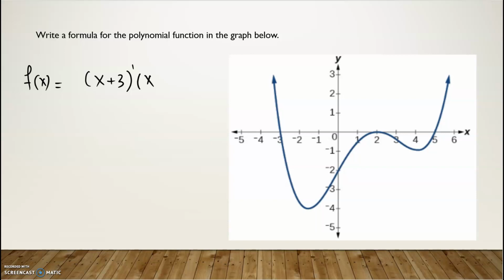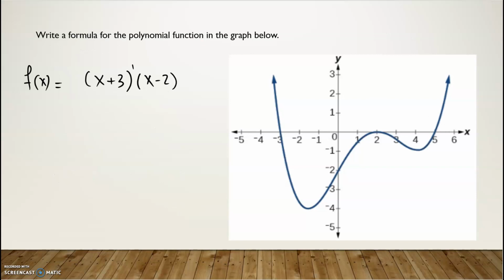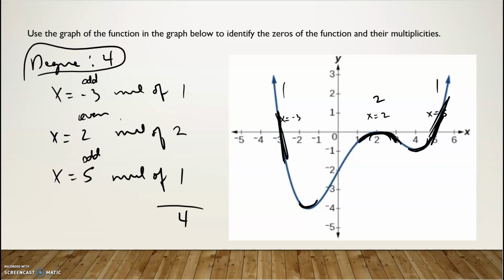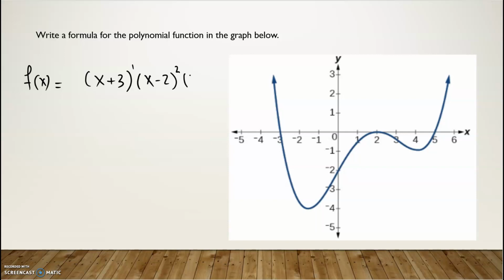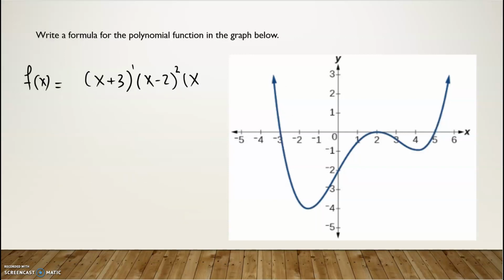X, we had a 2, so I'm going to change that to a -2. Multiplicity of 2, raise that to 2. And then x, 5, so I'm going to change that to -5. Multiplicity of 1. So really we could just write x plus 3, x minus 2 squared, x minus 5.